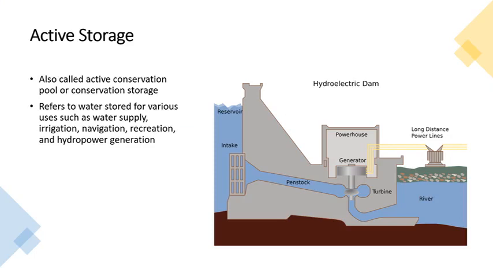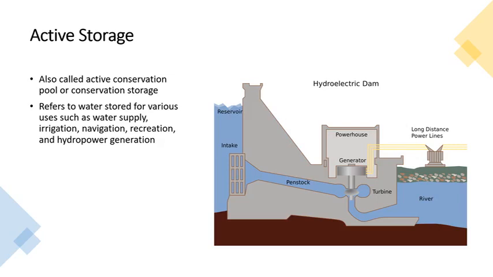Now let's talk about the active storage, which is all about the water to be used for water supply, irrigation, navigation, recreation, and hydropower generation. As you can see in the figure, this is a schematic of a dam, and on the leftmost part is the reservoir.